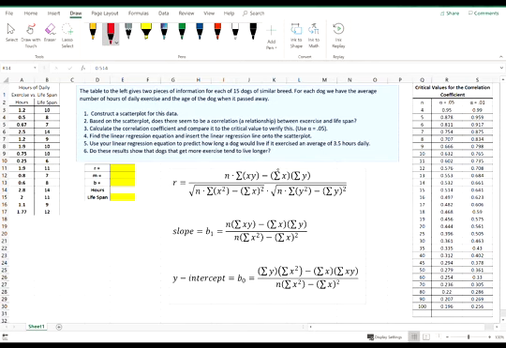So I have the formulas down here. Now, I'm not going to use these formulas in this video, but if you like, you could pause the video now, take out your handheld calculator and calculate these three values. The correlation coefficient goes here, the slope goes here, and the y-intercept goes here.